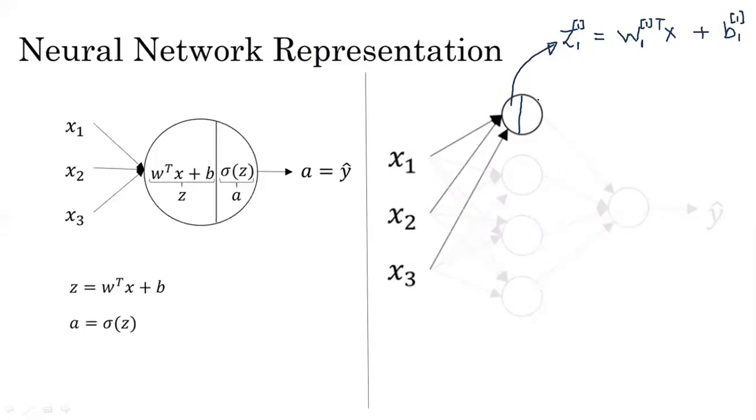Now let us see what the second part of this node will perform. This second part will give us the value of a. What was the basic equation of a? The basic equation of a was a equal to sigmoid, where we apply the sigmoid function and input the value of z. Now what will this z be? This z will be the z that we obtained from here.